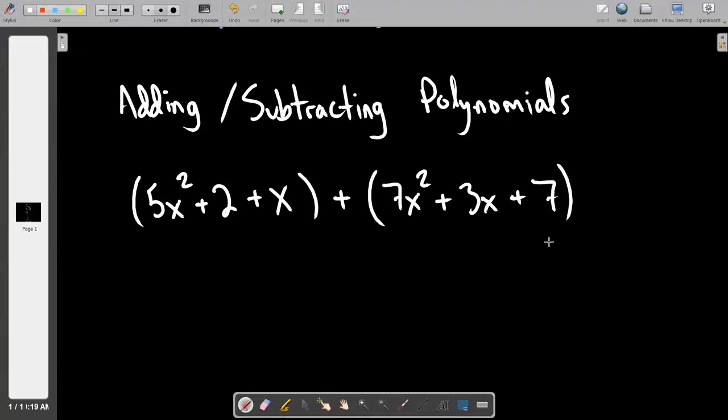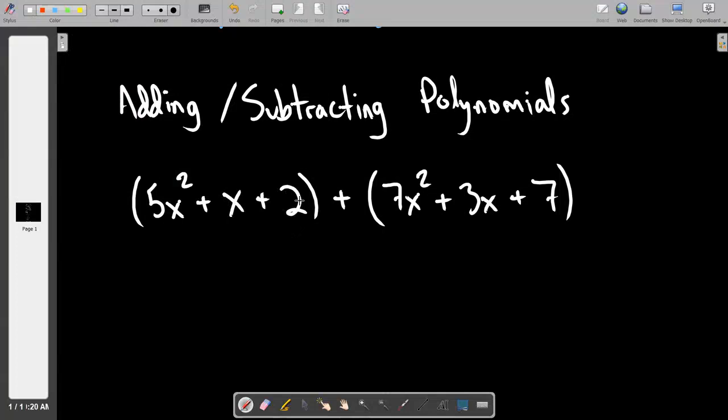And quite frankly, with what I'm about to ask you to do, I don't have to fix Seth's out of order polynomial, but if we're going to do this, let's make it nice and clean. So I'm going to take this 5x squared plus 2 plus x, and I'm going to rearrange the plus 2 and the plus x so that Seth's is in standard form, just like Erica's is.